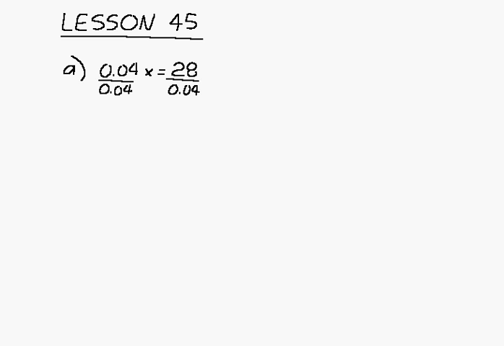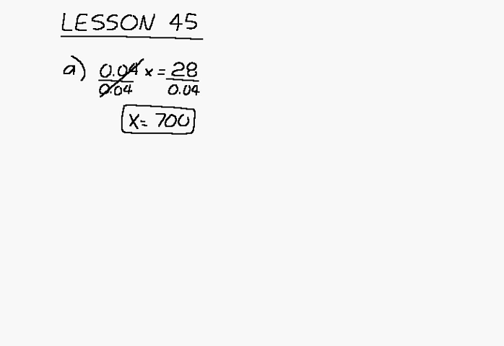Those cancel on the left, they equal 1. And so we say x equals, and then we can do the math on that, 28 divided by 0.04. Well, 28 over 4, that's 7. So 28 over 0.04, that would be 700. So x equals 700.